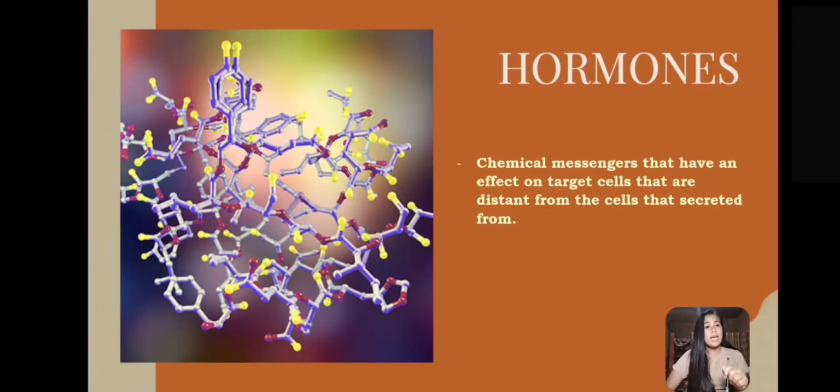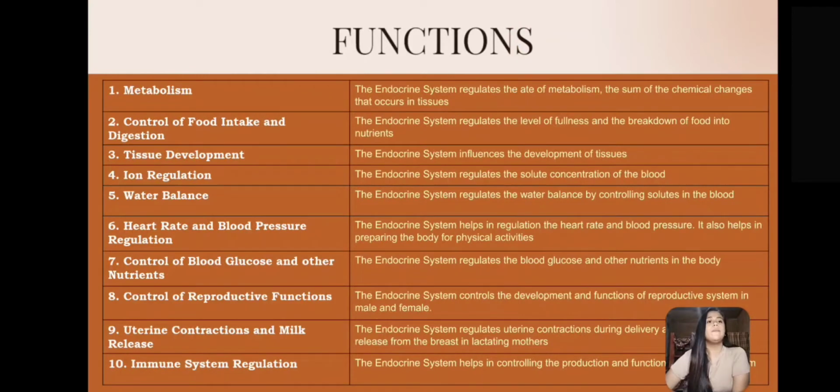So speaking of functions, what are the functions of the endocrine system? Let us find out. Number one, metabolism. The endocrine system regulates the rate of metabolism, the sum of chemical changes that occurs in tissues. Number two, our endocrine system controls the food intake and digestion.